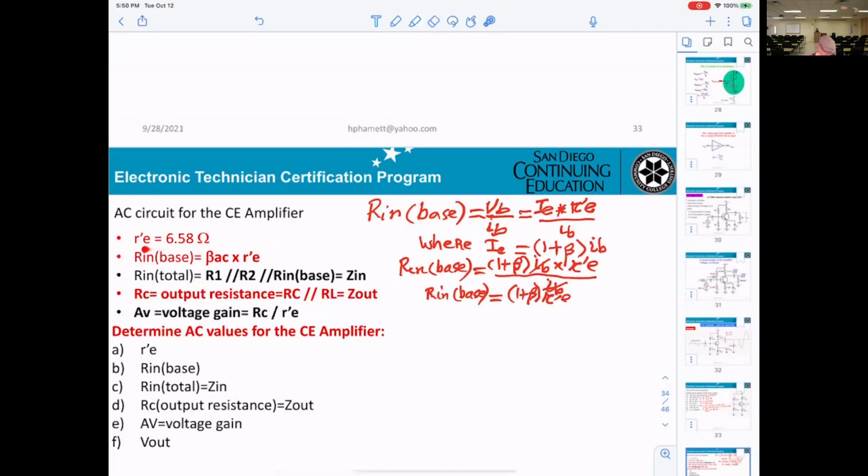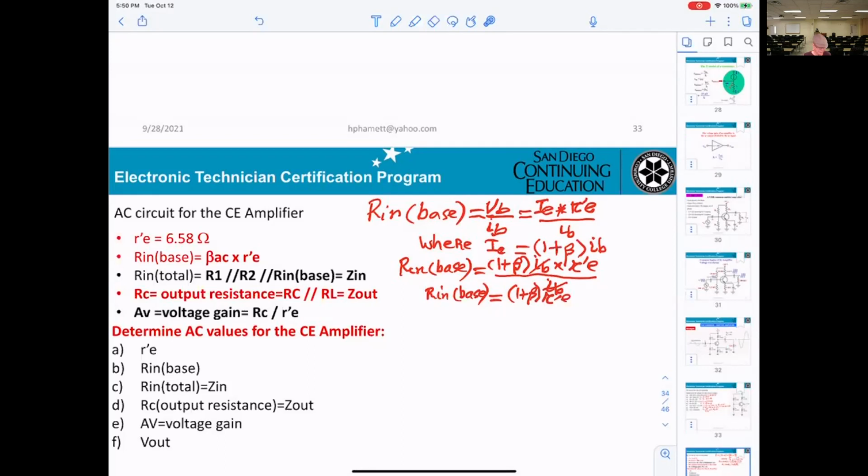But if you want to do calculation, you just apply this formula. This just tries to give you how we can get that formula.